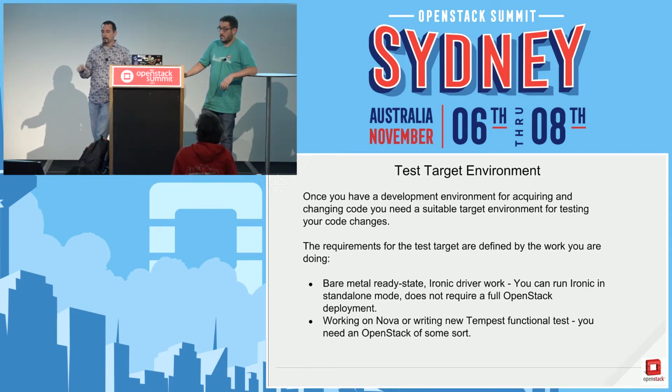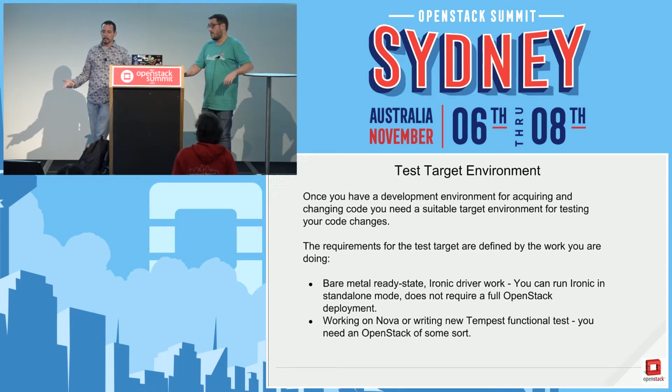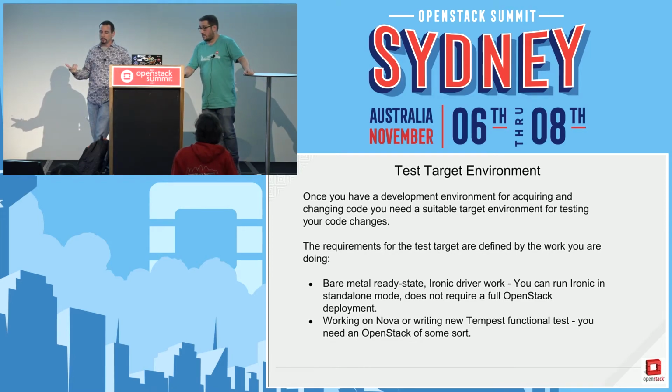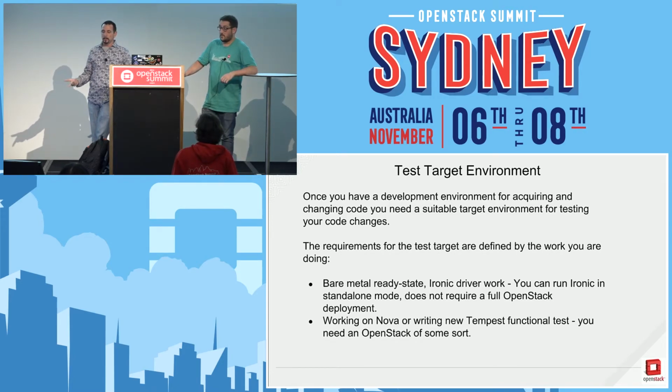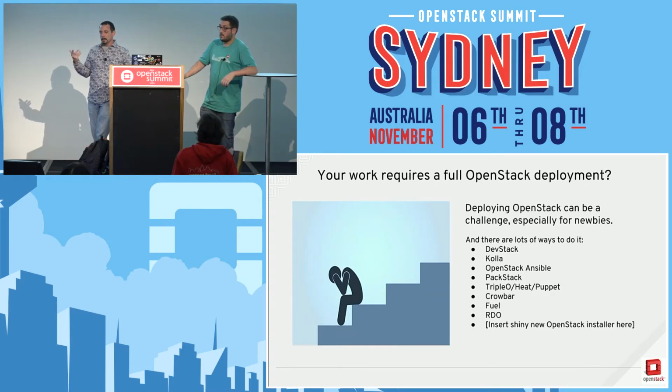Either bare metal, or if you're working on something in Nova and you have a new Tempest functional test, you could probably get away with using a DevStack of some sort. If your work requires a full OpenStack deployment, we do tons of bare metal. We have lots and lots of bare metal stamps.